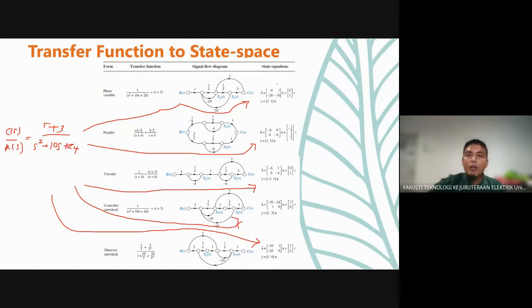So it means that although you have different state spaces, actually they are all equivalent or similar. Only the form is different.